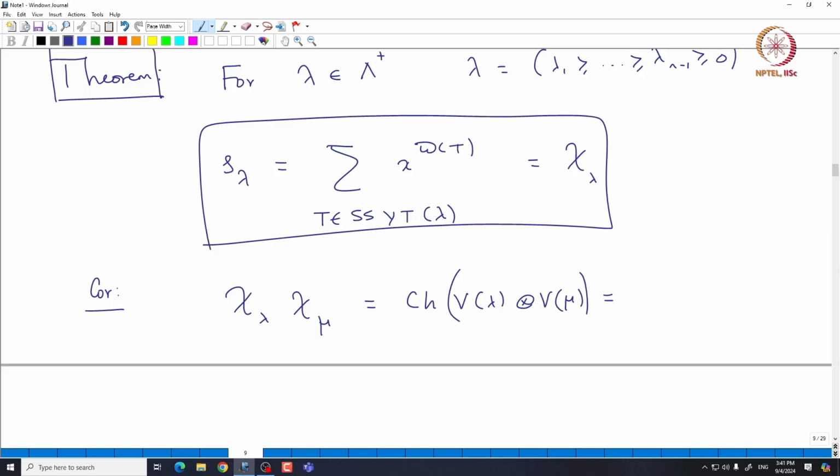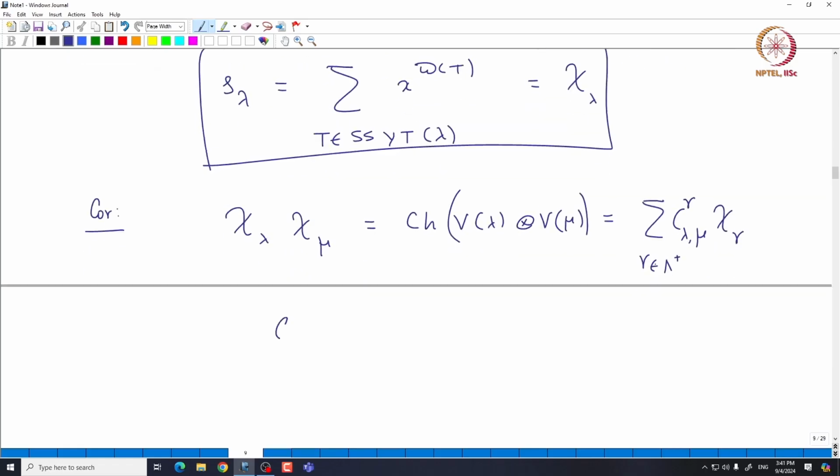In particular, this can be written as a summation of chi gamma with coefficients C lambda mu gamma, where gamma runs over the dominant weights. Now this C lambda mu gamma is indeed a non-negative integer. These are what are called Littlewood-Richardson coefficients.